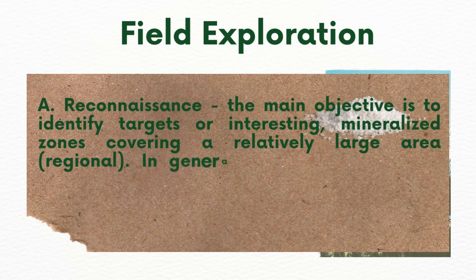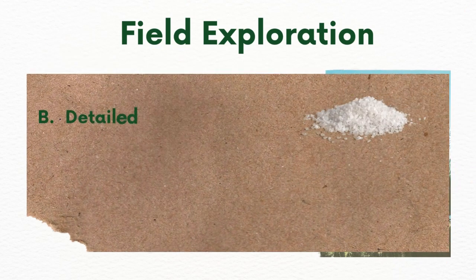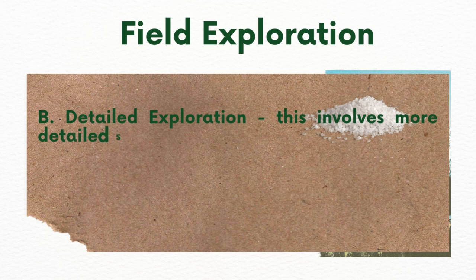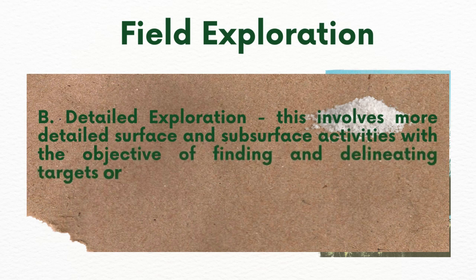In general, the activities involve regional surface investigation and interpretation. B. Detailed exploration. This involves more detailed surface and subsurface activities with the objective of finding and delineating targets or mineralized zones.